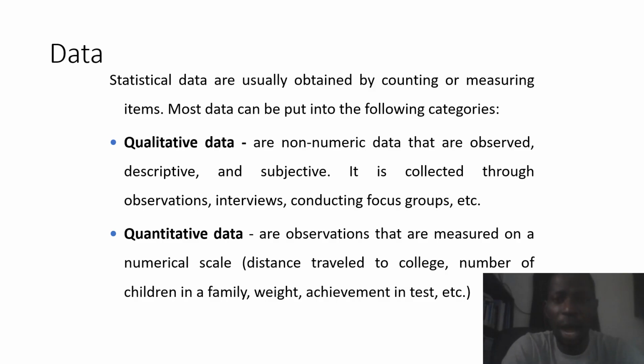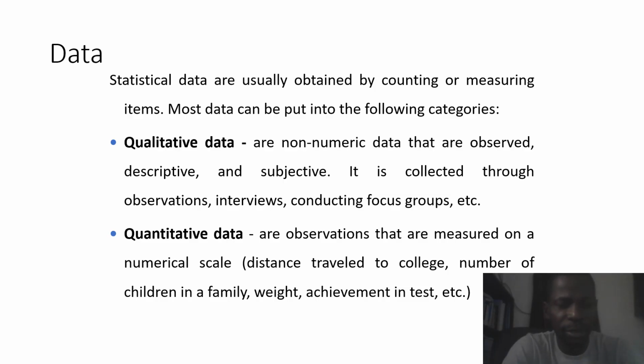Of course, if you have been given a test, when it is marked, the score there will be in numbers. If I'm to gather the distance traveled by all learners to the school, the data I'm going to gather there will be in numbers. And also the number of children in a family to be counted, that will come in numbers.